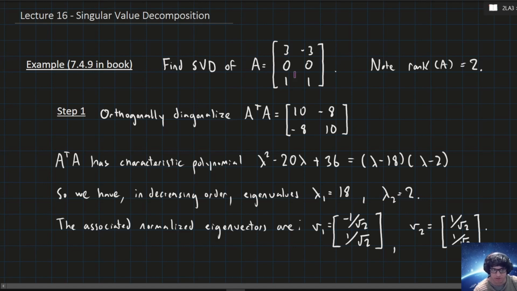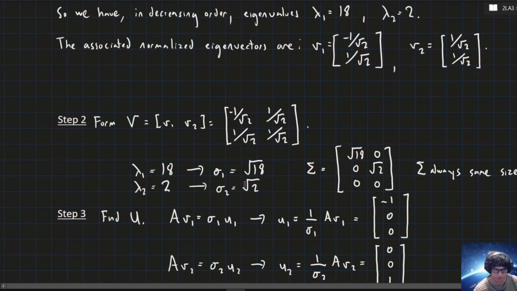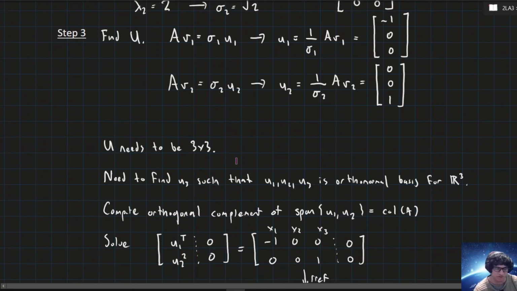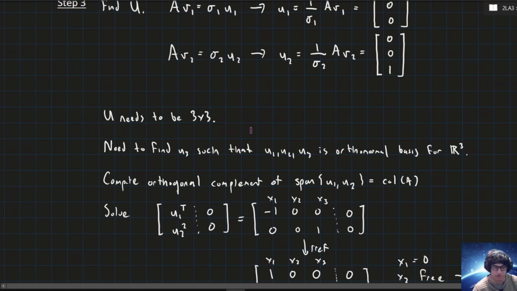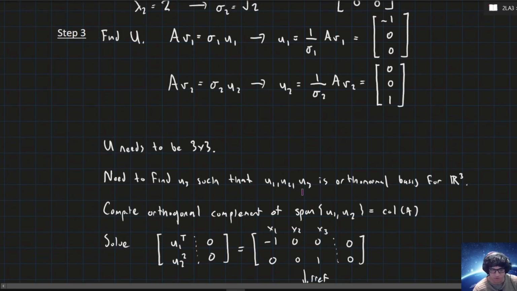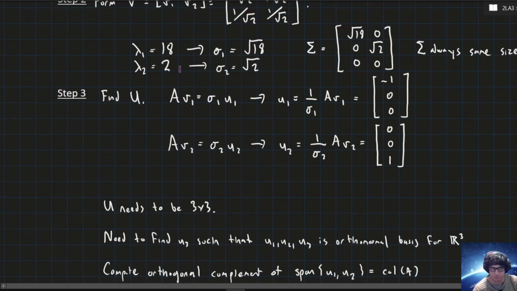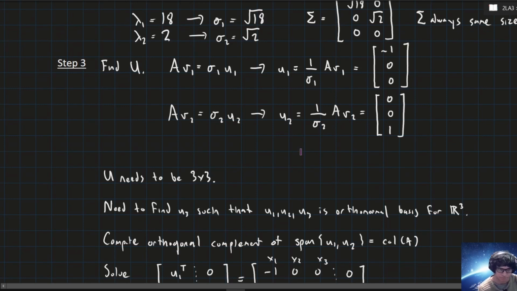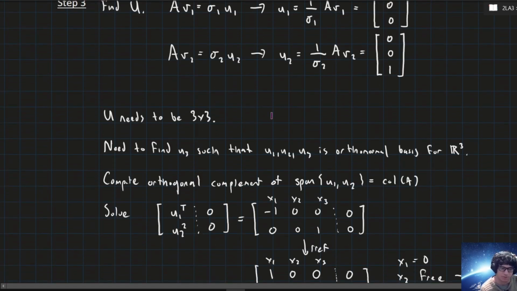U has to be 3 by 3 because we have 3 rows, and V has to be 2 by 2 because we have 2 columns. So U needs to be 3 by 3, so we need another U, a U3. And we've run out of V's to get the U's. So how do we get it?